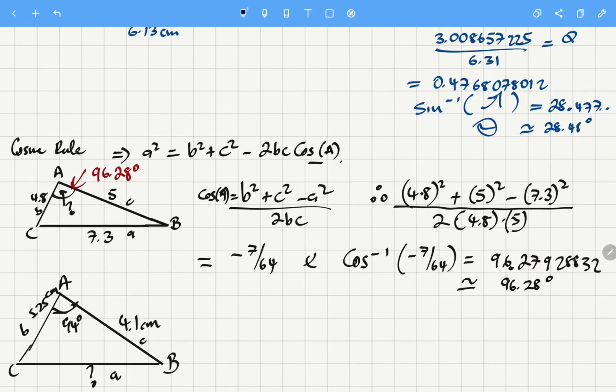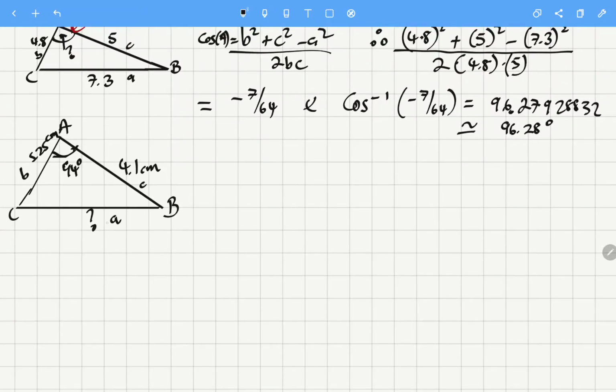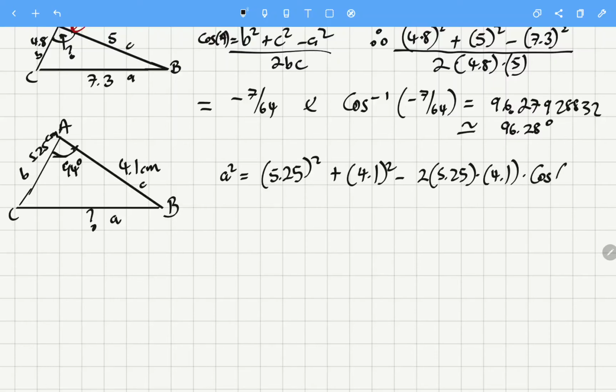Using this formula here, because we want to find the length of A, A squared equals 5.25 squared plus 4.1 squared minus 2 times 5.25 times 4.1 times cos 94.